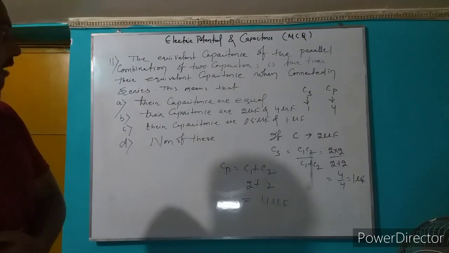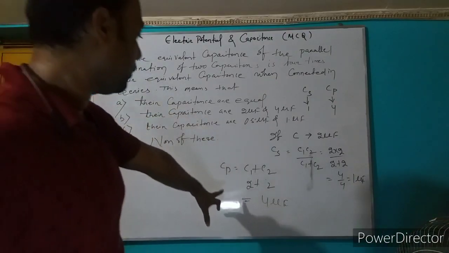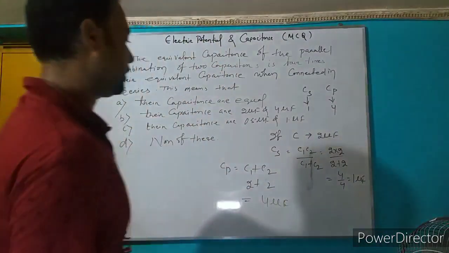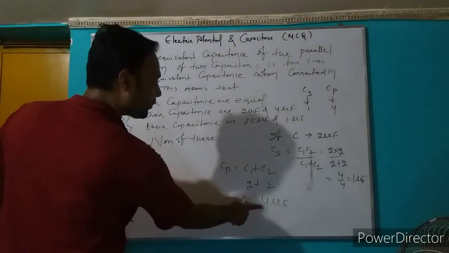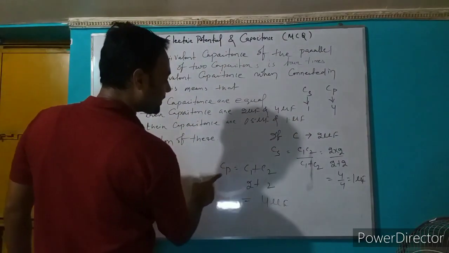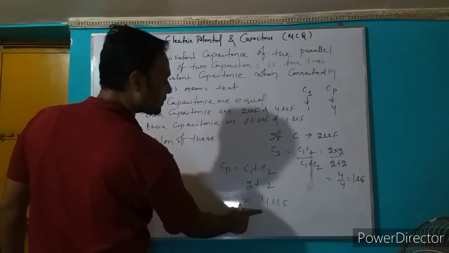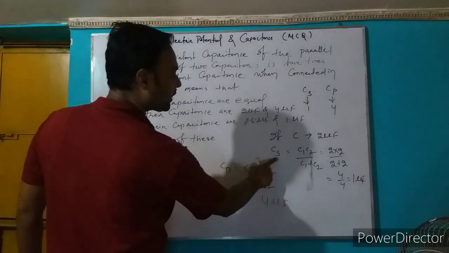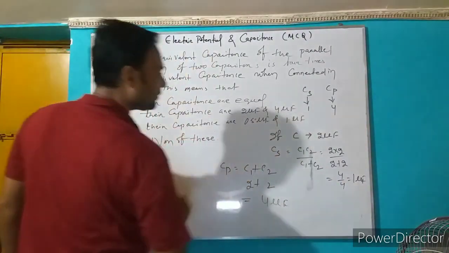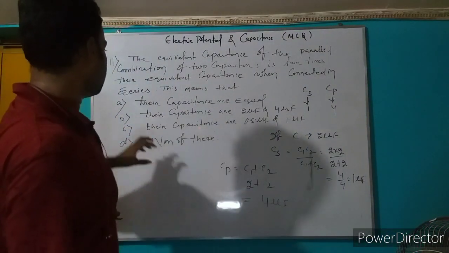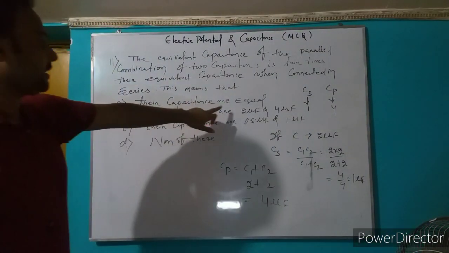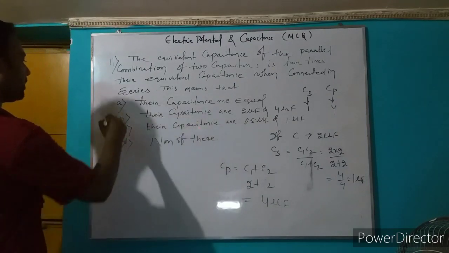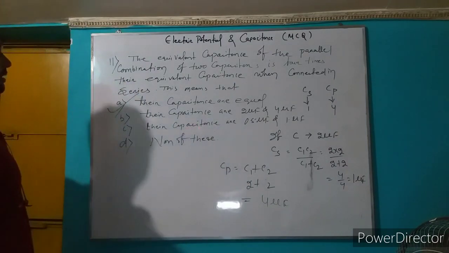So here our question is related to those 2 points. Here the capacitance in parallel connection is 4 times that of the capacitance in series connection. Hence the option that the capacitances are equal becomes correct.